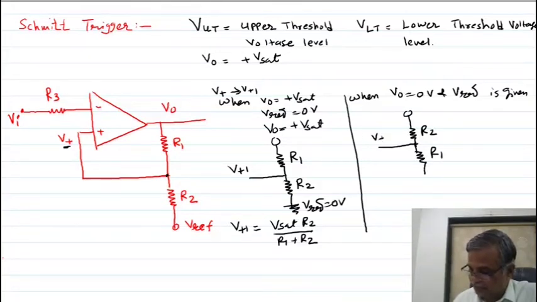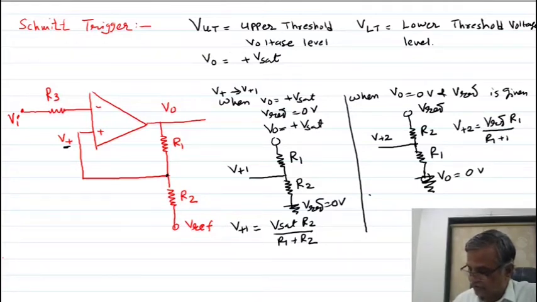This voltage I write as V plus 2, this is the V reference voltage you have given, and this point is ground. At that time V plus 2 is V reference into R1 upon R1 plus R2.